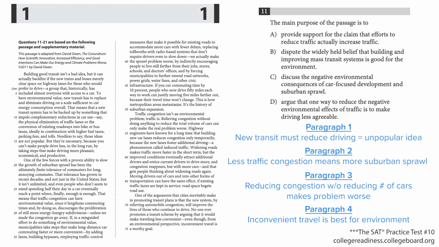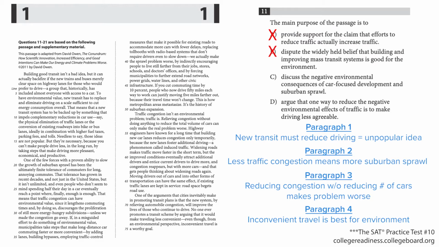A provides support for the claim that efforts to reduce traffic actually increase traffic. Well, paragraph 3 mentions that, but the main purpose will not be found in only one paragraph. So we get rid of that one. Choice B, dispute the widely held belief that building and improving mass transit systems is good for the environment.